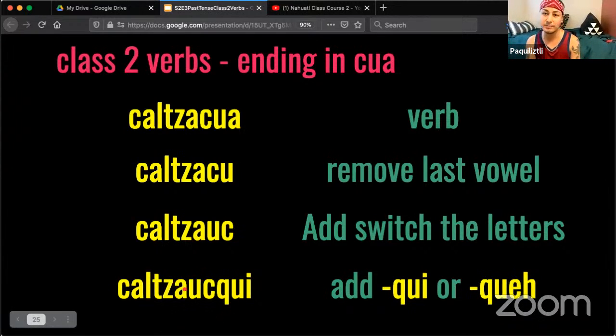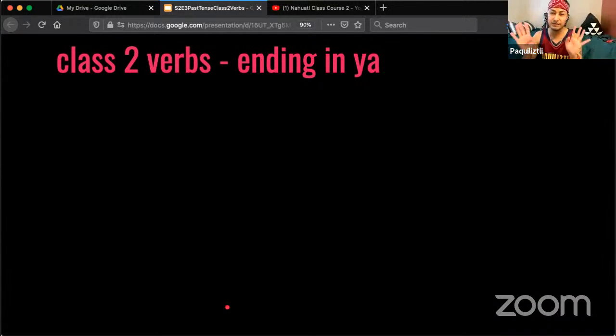That's how you're really gonna pronounce this. So this would mean he or she closed the door or locked up the house, caltzahki. Okay, so drop the A, you're gonna be left with CU, you're gonna flip it, and then you're gonna add ki, caltzahki.